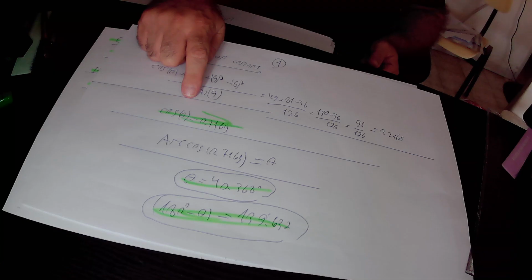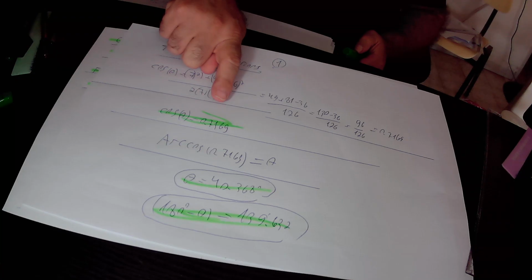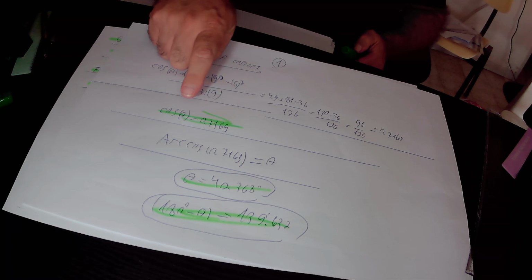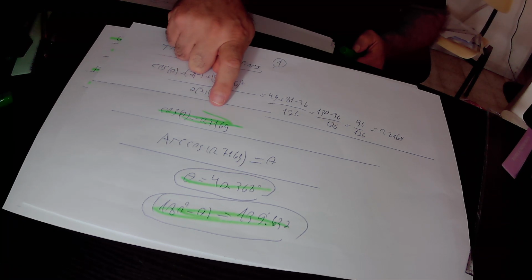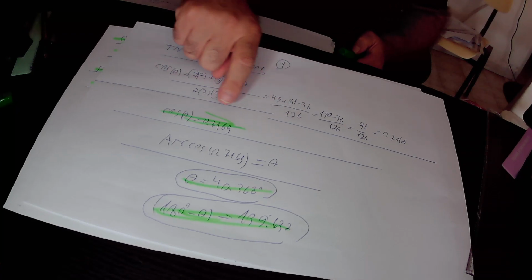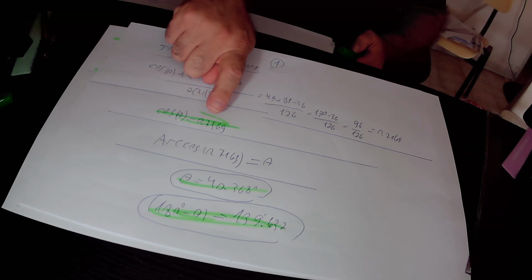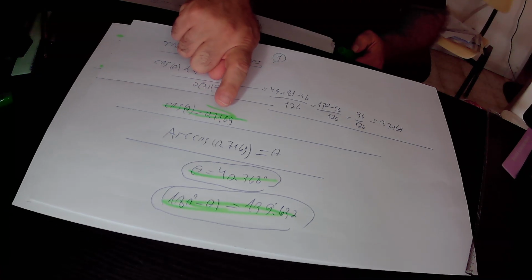In order to find the value of angle theta, we apply the opposite function of cosine, that is arccosine, to the result of cosine theta. This way we get the value of angle theta itself. So arccosine of 0.7619 is equal to theta, and arccosine of 0.7619 is equal to 40.368 degrees.